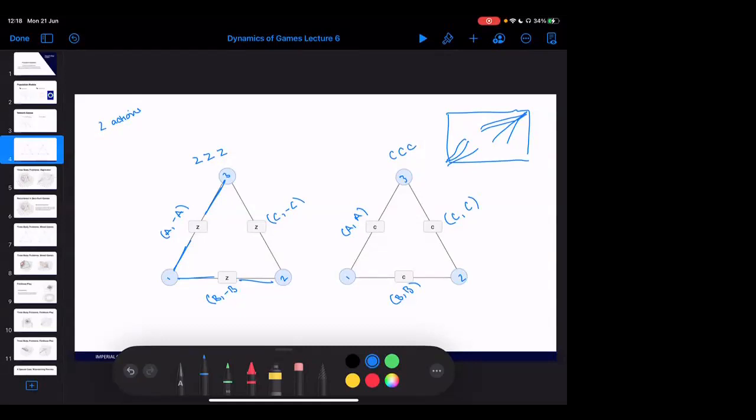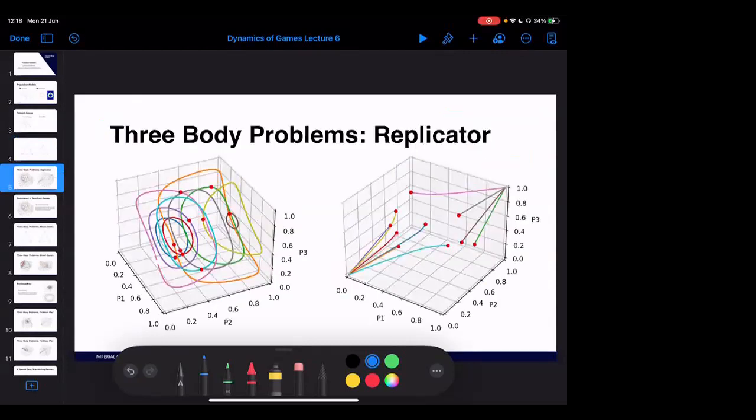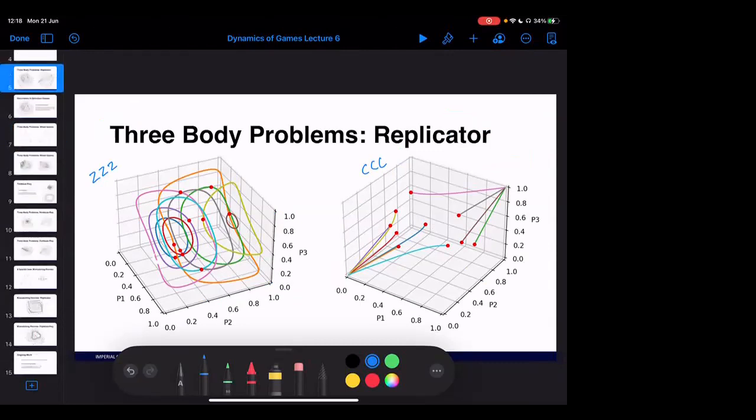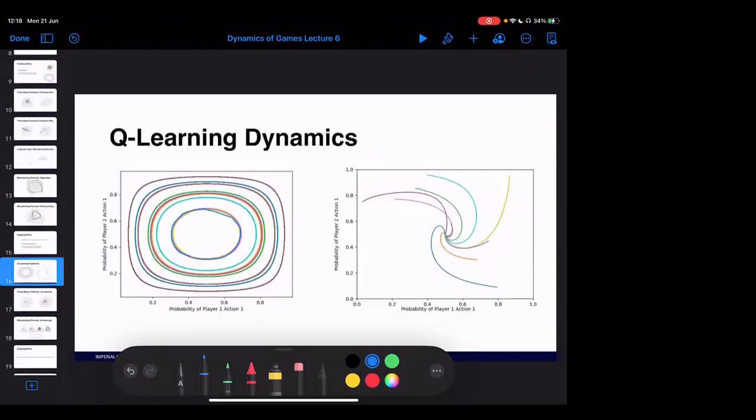Yes, thanks. Okay, so first representative example for these sets of games. On the left, we have the ZZZ, so the purely zero sum, and on the right, the purely coordination. Now, what's interesting to see here is the same behavior that we saw in the bimatrix game, right? So for example, in the zero sum bimatrix game, where was it? Here, we saw these cycles, right?